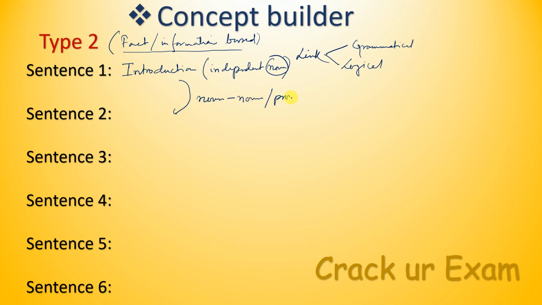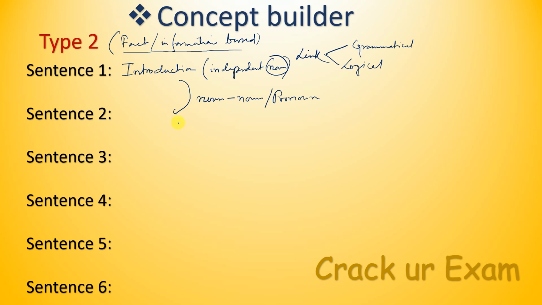As I have mentioned, this is called a grammatical link. From my experience, most of the grammatical links are based on noun and pronoun. You need to identify the appropriate pronoun of the noun mentioned in the earlier sentence.